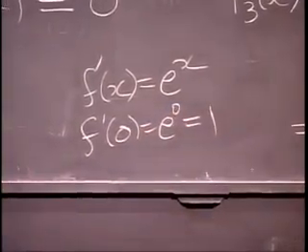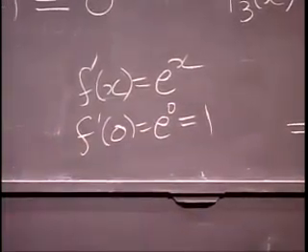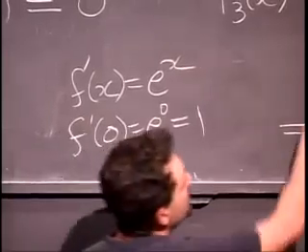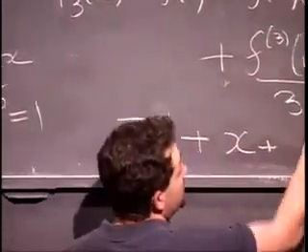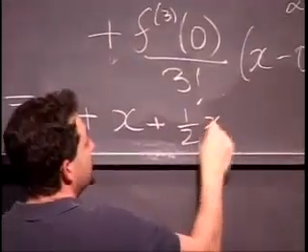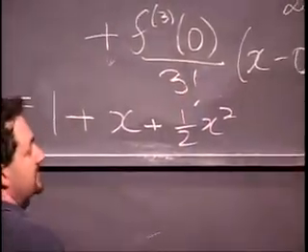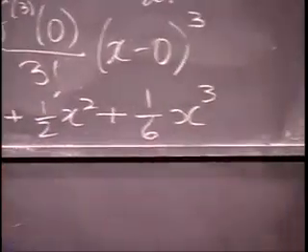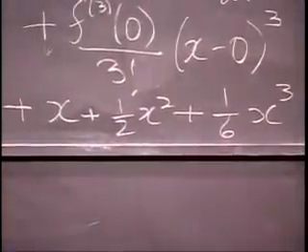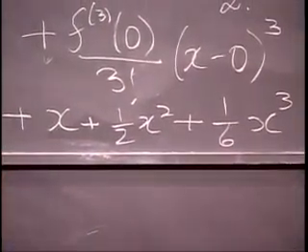The same is true for f double prime, f triple prime, any of the derivatives. So if you plug this in, you get 1 plus 1 times x plus 1/2 times x squared, and 3 factorial is 6, so you get 1/6 x cubed. And that's exactly what I wrote up before. So that's where it came from. That's how I picked out that cubic.